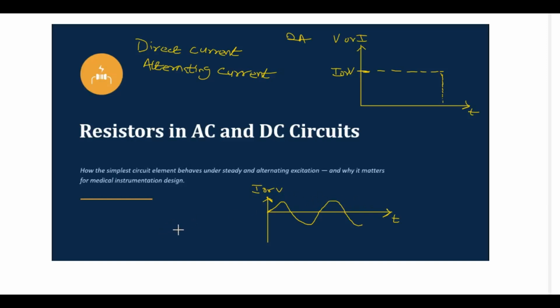Mathematically, an alternating current or voltage can be represented with the equation V of t, the instantaneous value, is equal to V naught sine omega t, or I of t, if it's for current, is equal to I naught or Im sine omega t.